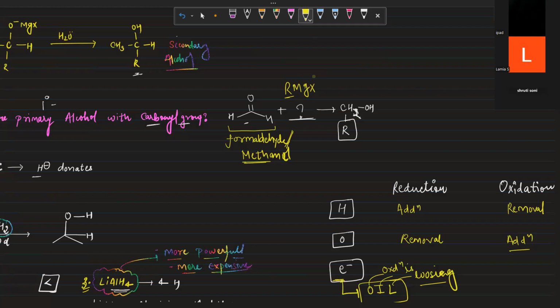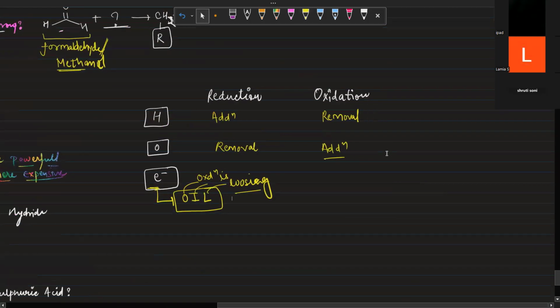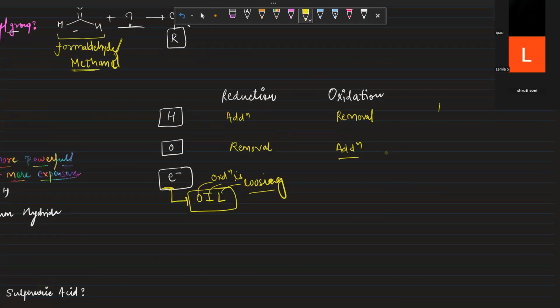Now I'm giving you some examples, and you tell me which reaction is oxidation and which is reduction. H2 plus I2 gives HI. Fe2+ converting into Fe3+. H2 plus O2 gives H2O2.